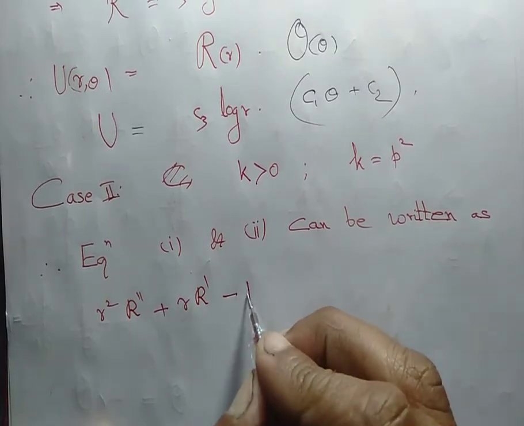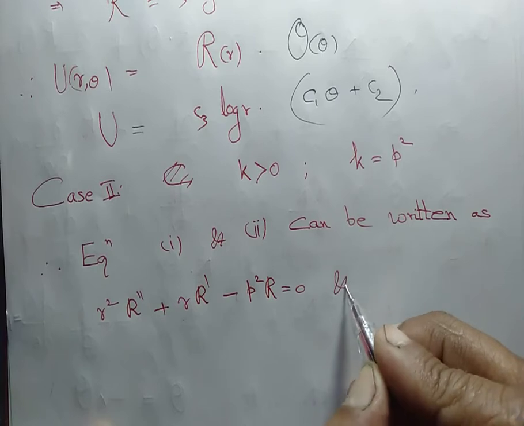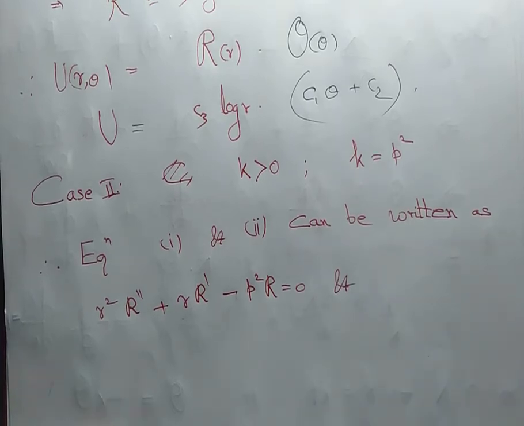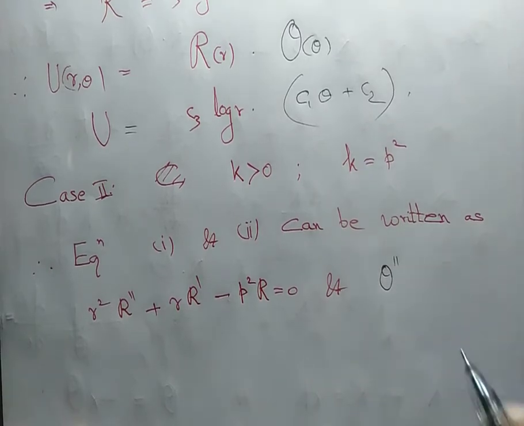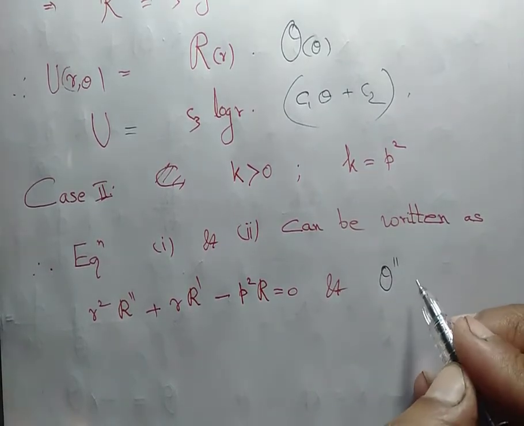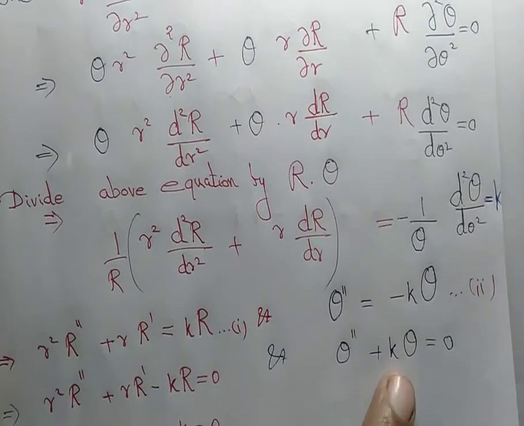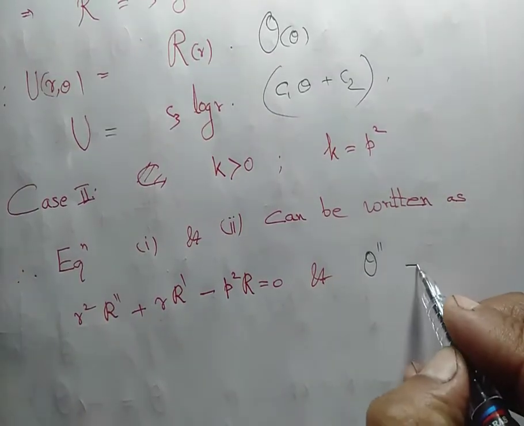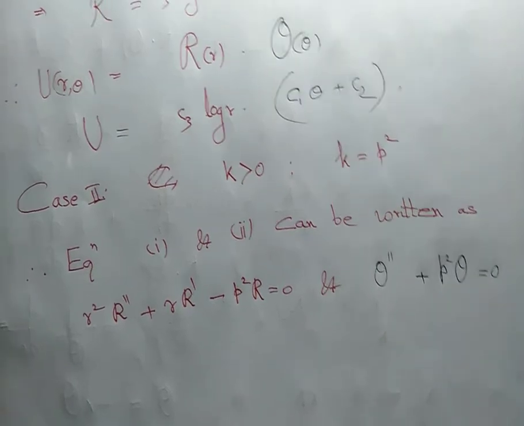Minus kr, k is p squared, and the double derivative of theta plus k theta equal to 0, and k is p squared, plus p squared theta equal to 0.